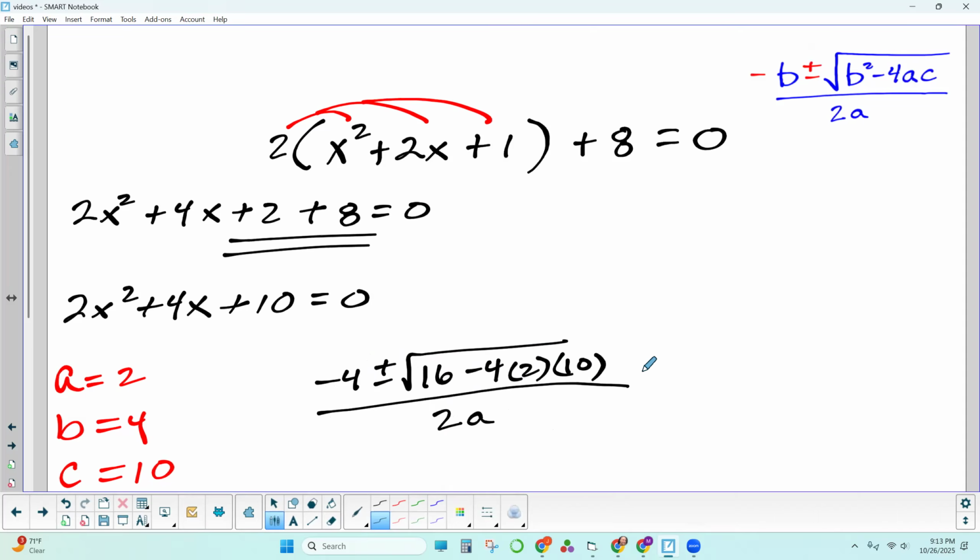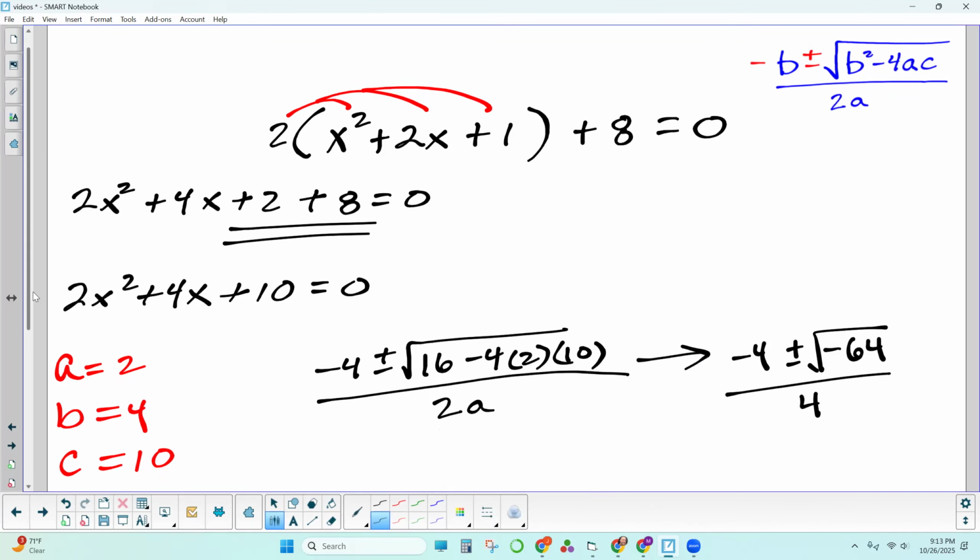All right, next step, simplify the discriminant. 10 times 2 is 20. 20 times -4 is -80. 16 minus 80 is -64. And a is 2. A is 2, so 2 times 2 is 4.